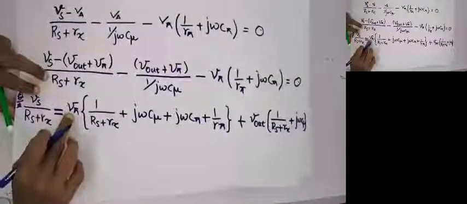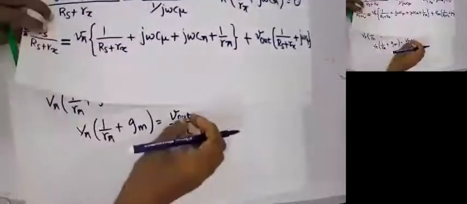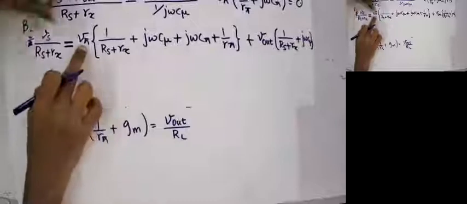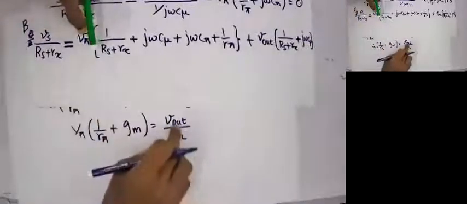Either you can calculate V pi from here and substitute the whole thing here, or you can substitute V out to get V out by Vs. The easiest way is to substitute V pi as a function of V out. So simply you have V out, take it common and then bring it to the other side.